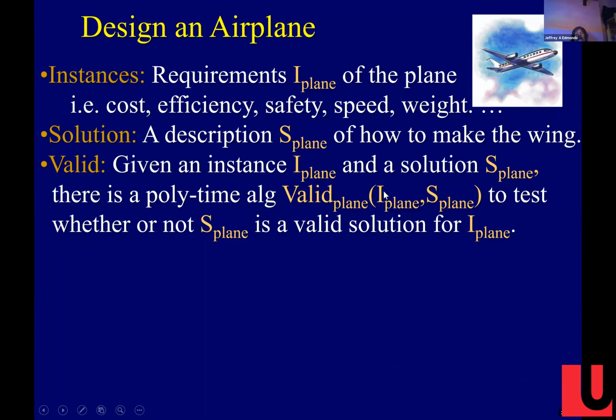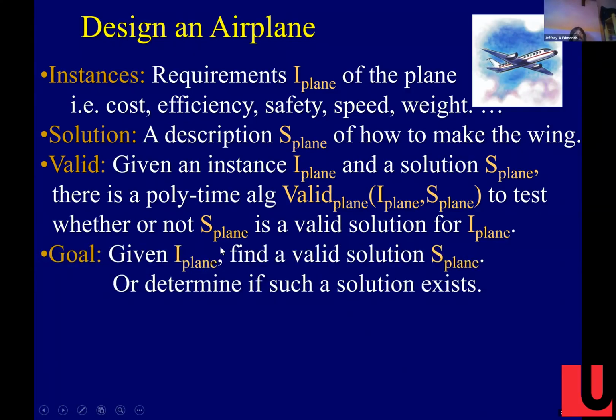You give it the description of what we need for the airplane and a solution, how to build the airplane, and valid tells you whether or not this is a good solution to that instance. Everybody here get what we're doing here?